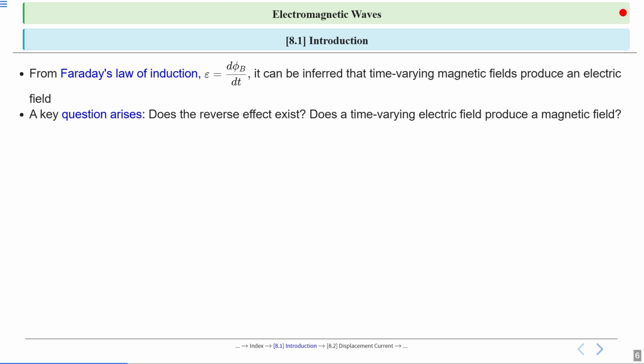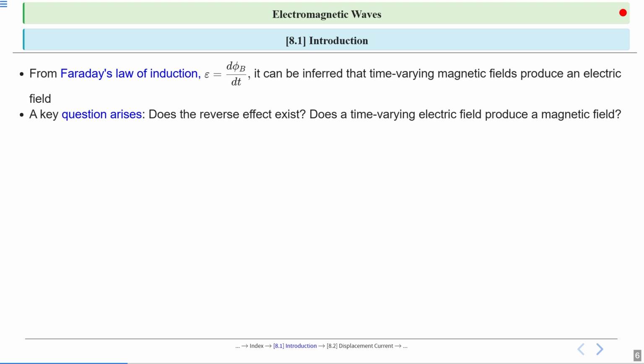That is a time varying magnetic field: as the magnet moves relative to the coil, the magnetic field lines passing through the coil change. That means a time varying magnetic field was being produced, due to which EMF was induced in the coil. That was given by Faraday's law of induction. So this law inferred that a time varying magnetic field produces an electric field.